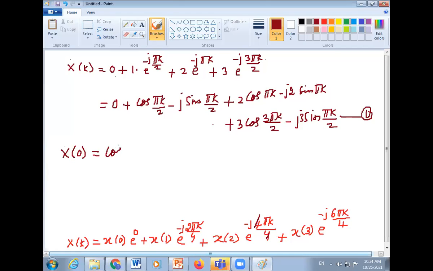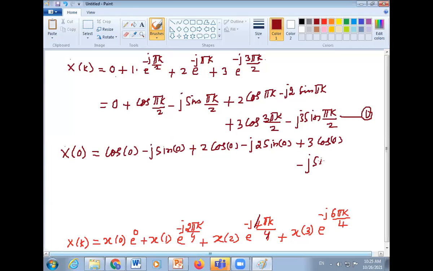Cos 0 first part minus j sin 0 plus 2 cos 0 plus minus j 2 sin 0, then plus 3 cos 0 minus j 3 sin 0. So what is the answer you will get for this?